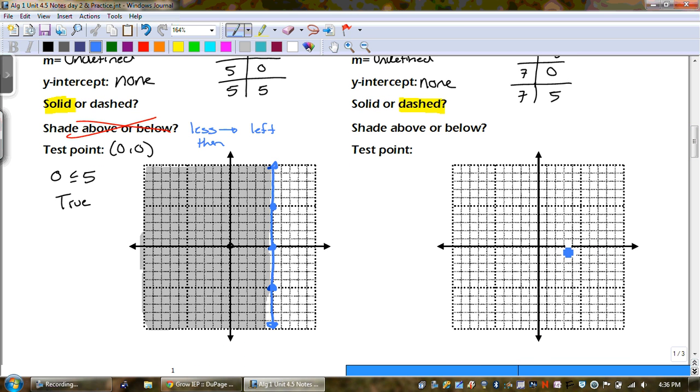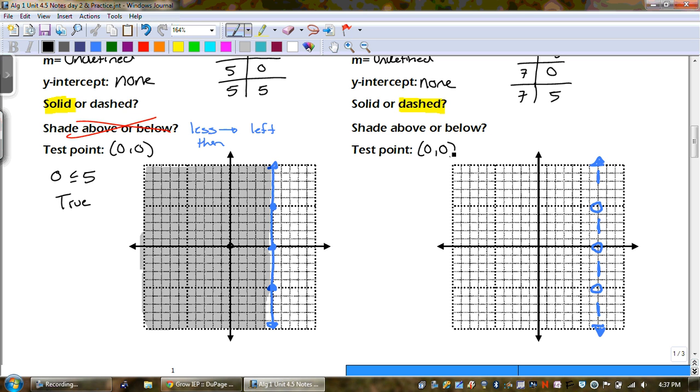I've got x is 7, y is negative 5, x is 7, y is 0, x is 7, y is positive 5. Okay, so from here, we have a dashed line and our arrows.